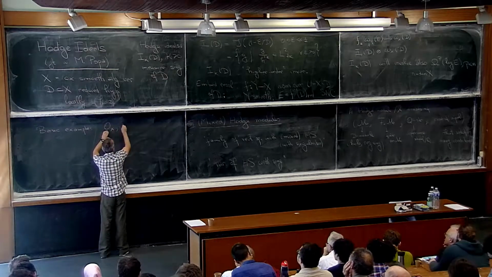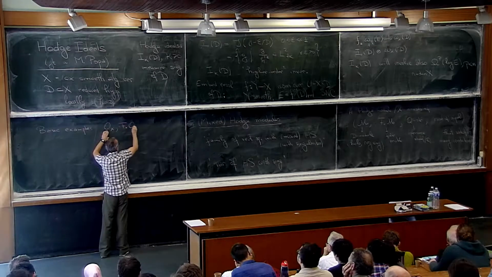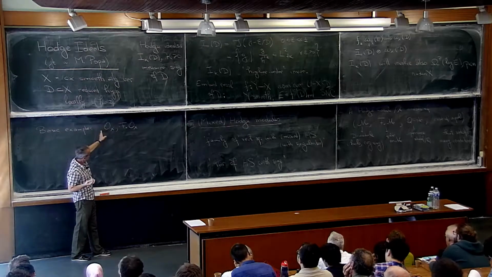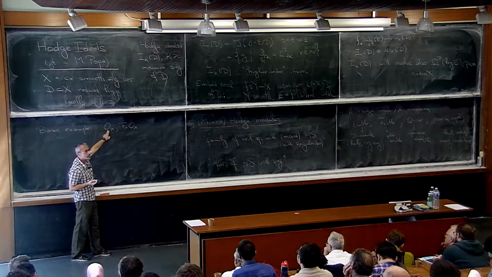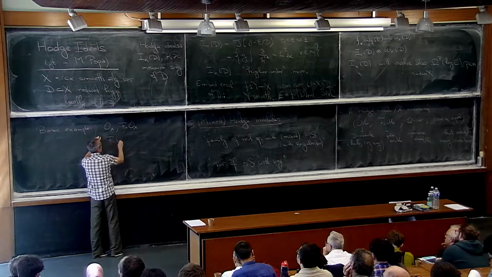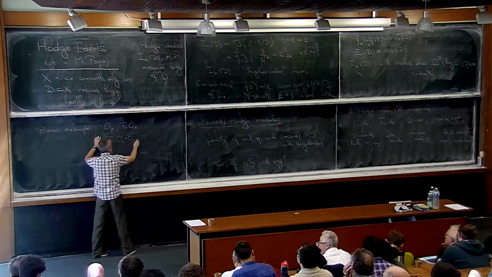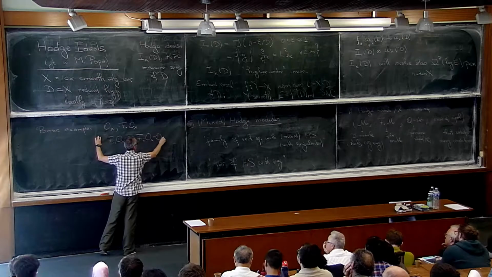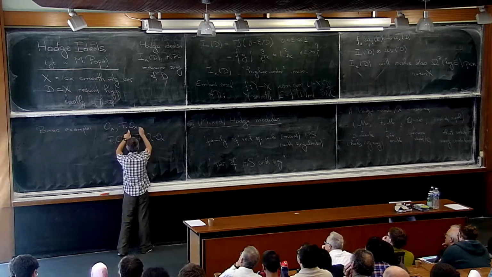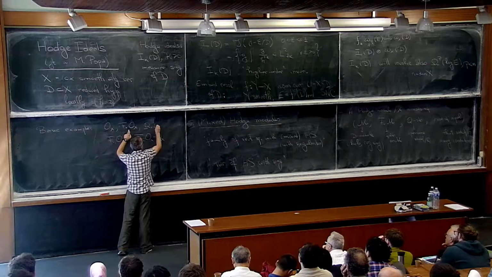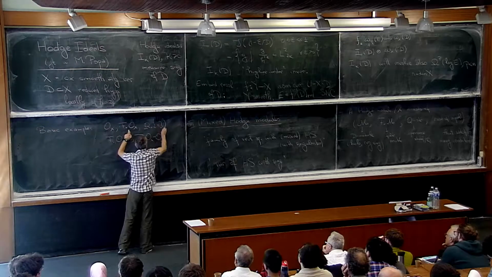The filtration here is the trivial one, in the sense that it's 0 up to level -1, and then for level 0 it's the whole thing. So F_{-1} O_X is 0, and F_0 O_X is O_X. And then the perverse sheaf is just the constant sheaf Q_X twisted by the dimension, and that's it.